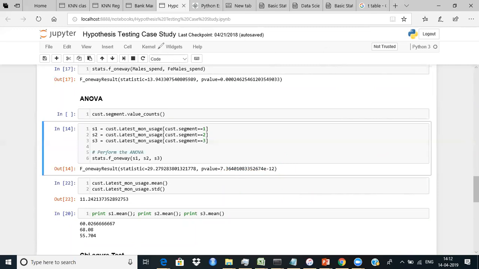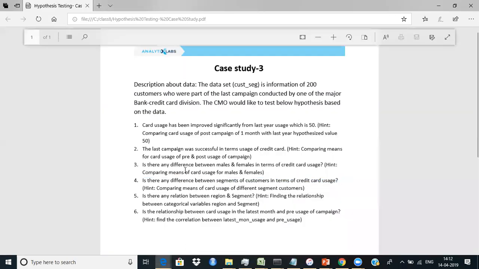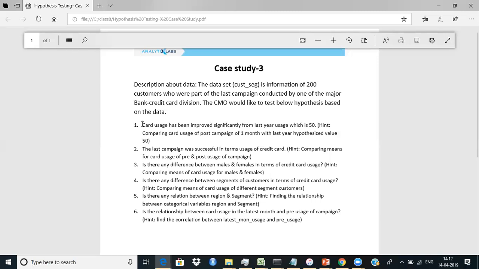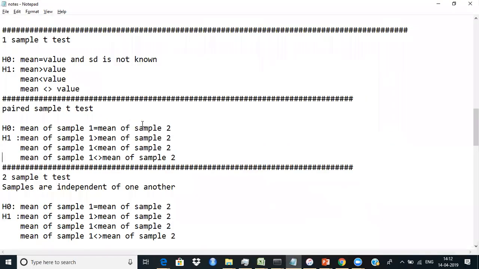Yes, and somebody had asked me, how do we identify a single sample t-test from a paired sample and from a two sample? A single sample t-test, if you go back to the format that I had mentioned, so remember these three formats. These three formats will determine what test you are doing.